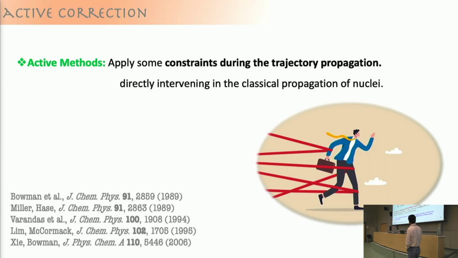So there are other methods called active methods. Here we directly intervene in the classical propagation by putting some constraint, and this problem is not new. People have been trying for a long time and giving prescriptions to tackle it. Most of the prescriptions work in normal mode coordinates, meaning you need to calculate the Hessian during the propagation.